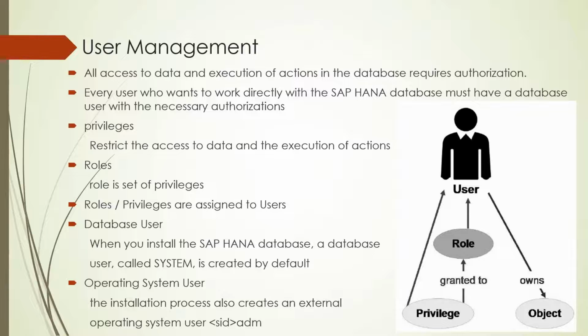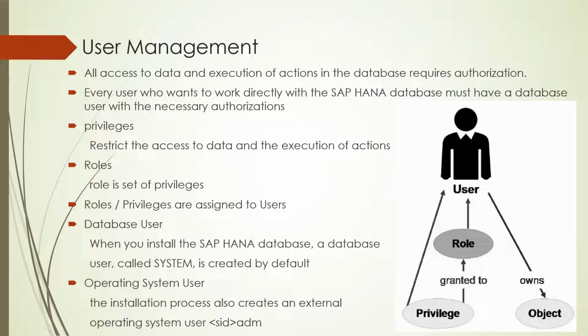Okay, so let's start. User management. All access to the data and the execution of actions in the database require authorization. If any user wants to perform some action in the HANA database, then it requires a user ID and the authorizations.